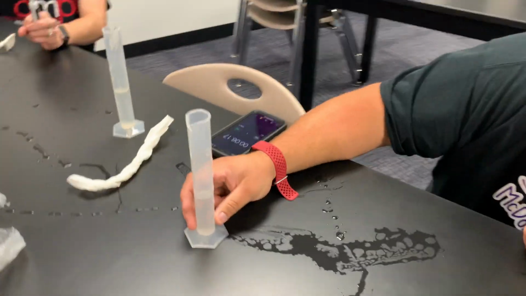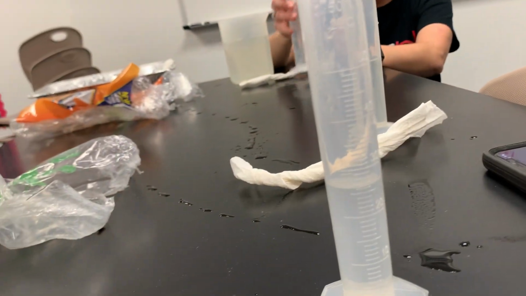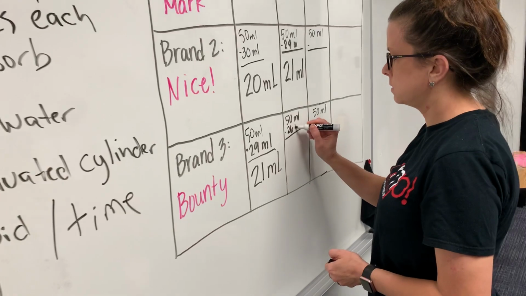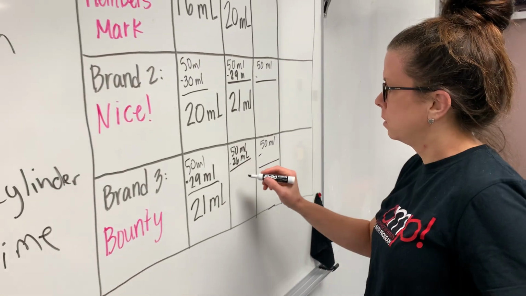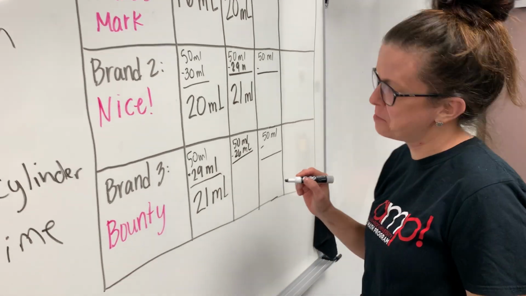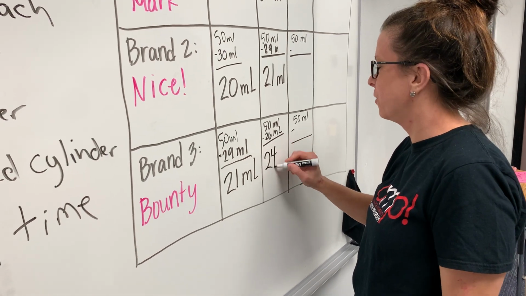Now, this one actually went to 26 milliliters. So when you put it on the chart, it would be 50 minus 26. So it absorbed, math, math, yay, math. 24 milliliters.